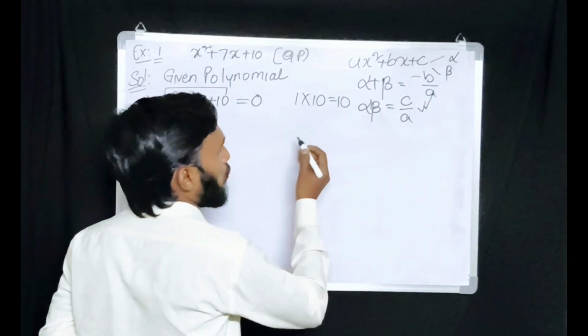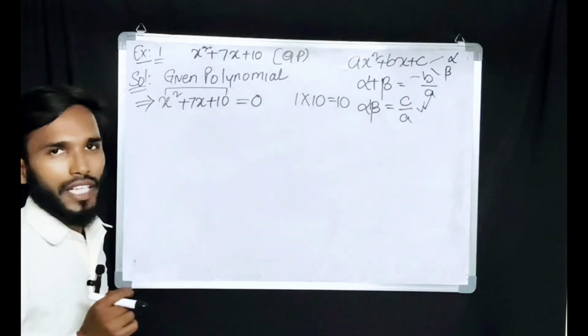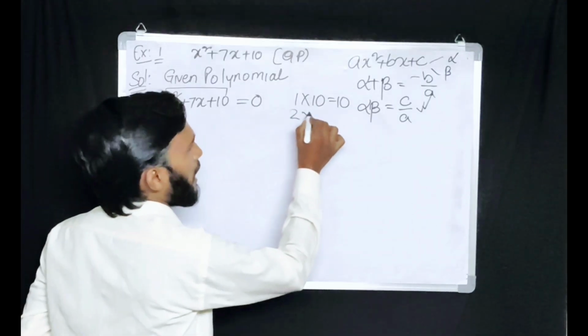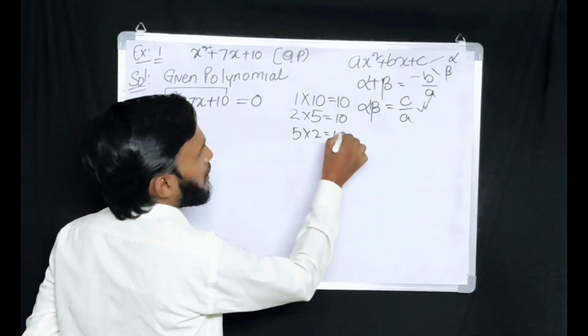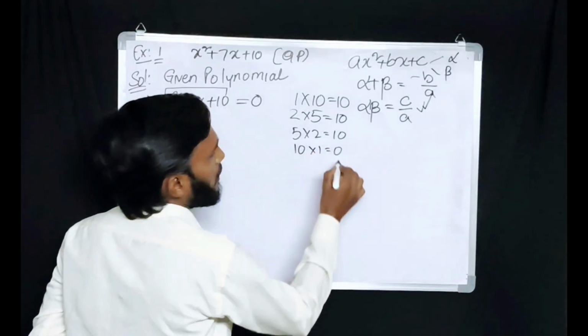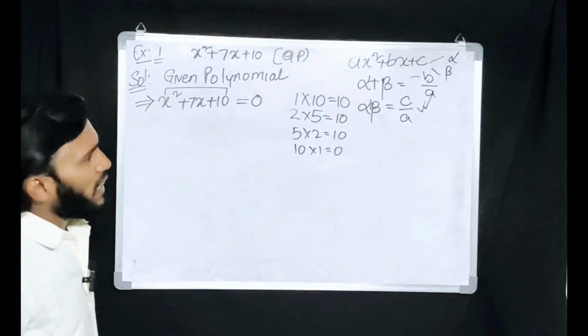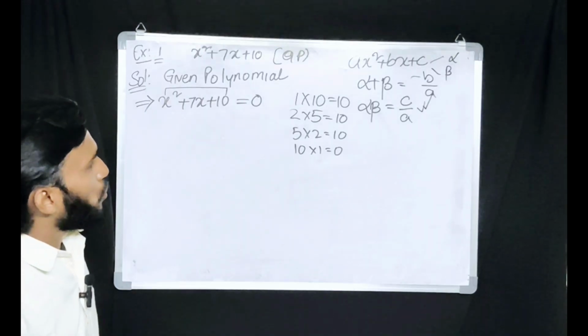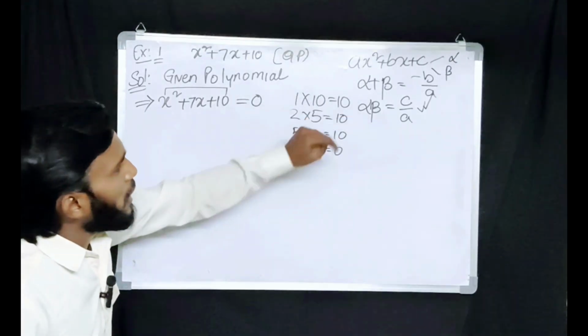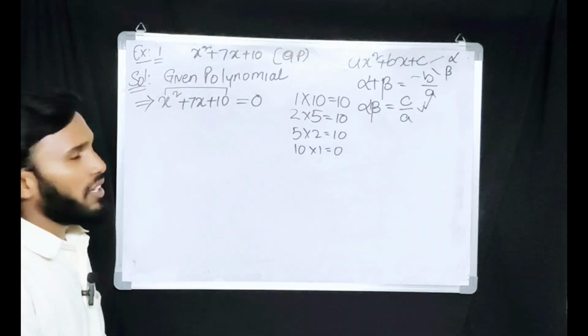Here write the factors of 10. First one is 1 into 10, 2 fives are 10, 5 twos are 10, and 10 ones are 10. Among these factors of 10, which two factors will give a product of 10 and a sum of 7?